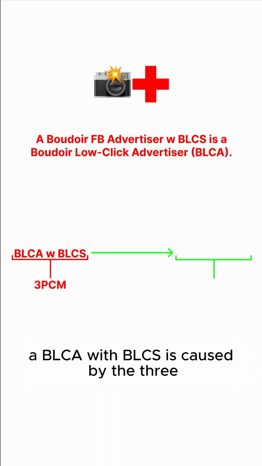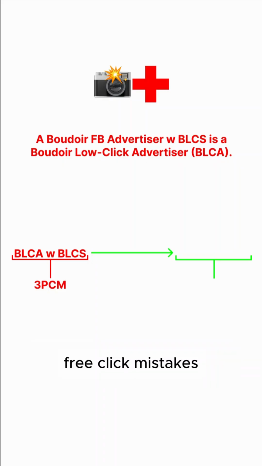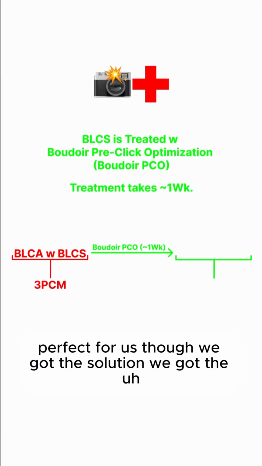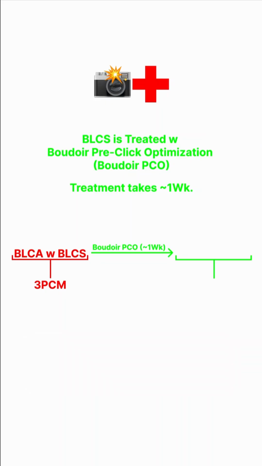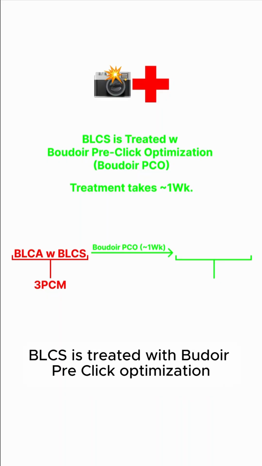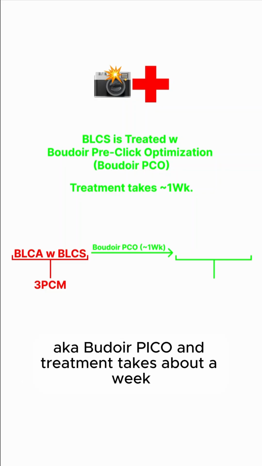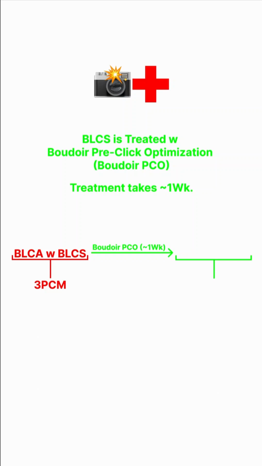A BLCA with BLCS is caused by the 3 pre-click mistakes. Perfect for us though, we got the solution. We got the saving grace. BLCS is treated with Boudoir pre-click optimization, aka Boudoir Pico, and treatment takes about a week.